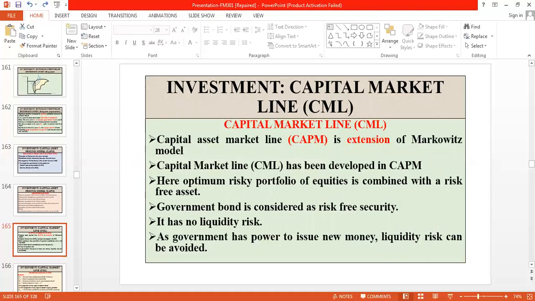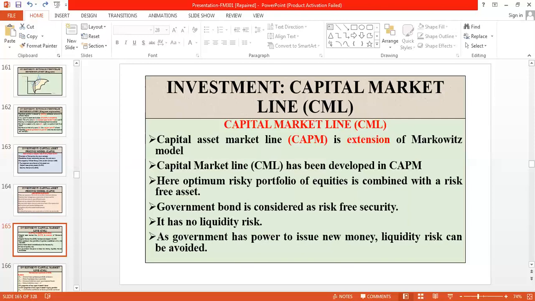But now in CML, we are assuming the existence of a government bond which is a risk-free security, and we will add this with the optimum portfolio to develop this capital market line. So any point on this line will indicate that the portfolio consists of one risk-free bond plus risky equities.